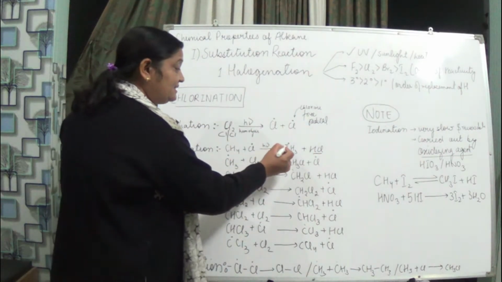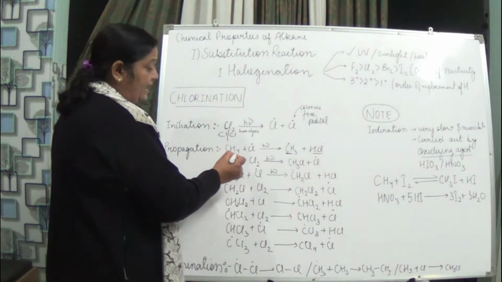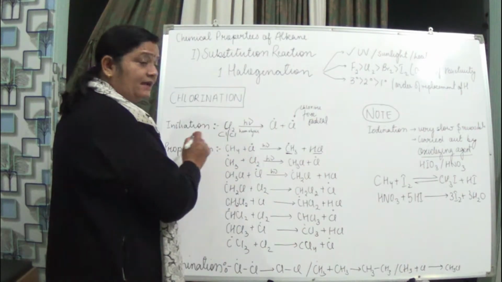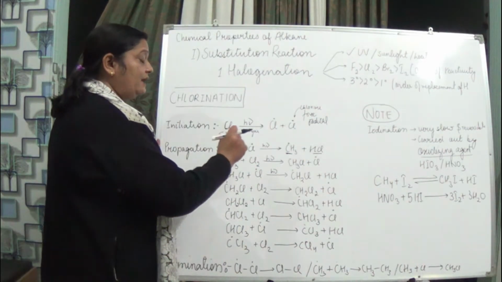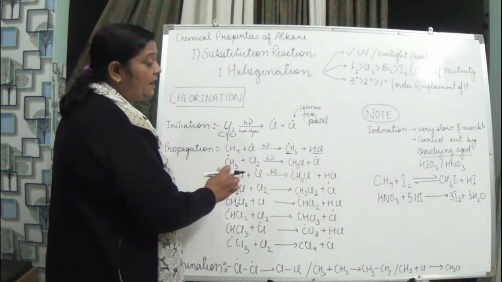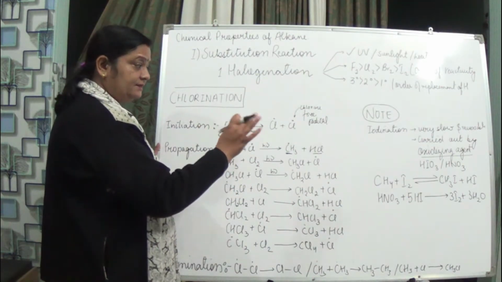Now this CH3, consisting of one active electron, will again react with Cl2, thereby forming CH3Cl, methyl chloride, and again a chlorine free radical is generated.